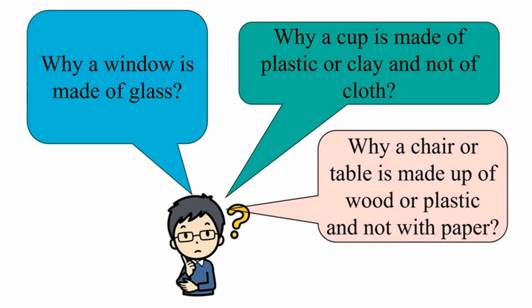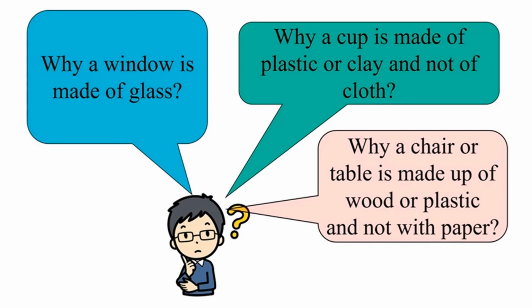Now we know that there are variety of materials, and these variety of materials are used to make different objects. But how do we decide that a particular material is suitable for making a particular type of objects? Why a window is made of glass?